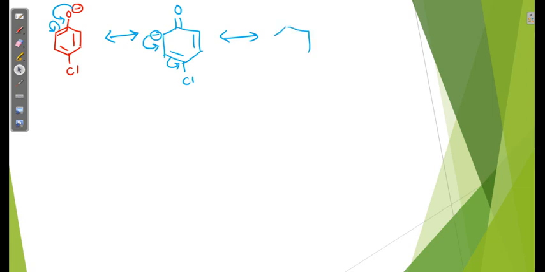Suppose this is one of my structures and I want to draw the resonating structures. I told you that you must start from the negative charge. So here I get the structure like this. Next, I could get the structure like this. Now from here I have two structure possibilities.